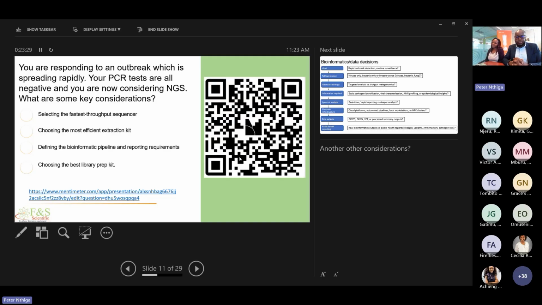What are some of the key considerations we should make? Is it selecting the fastest throughput sequencer, for example, or choosing the most efficient extraction kit, or defining our bioinformatic pipeline and reporting requirement, or is it choosing the best library prep kit? Again, feel free to quickly drop your response on the chat.